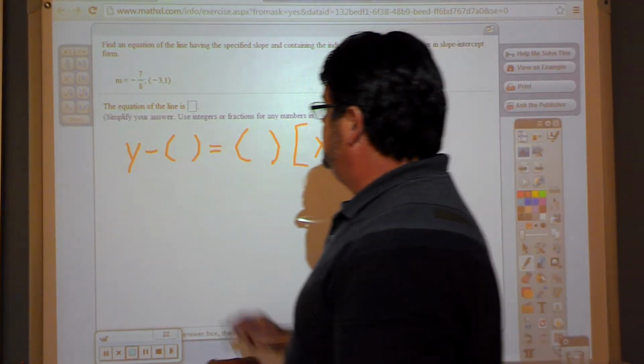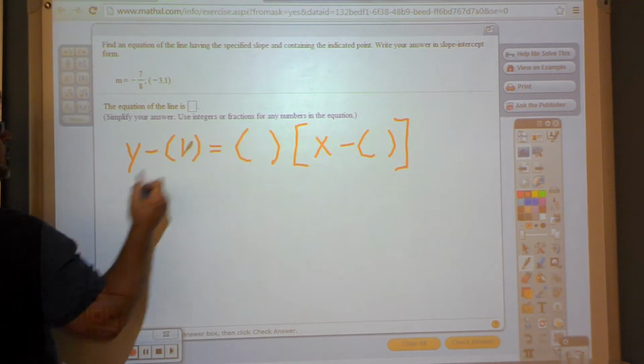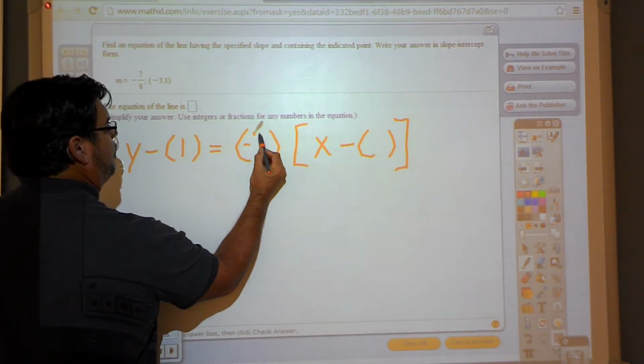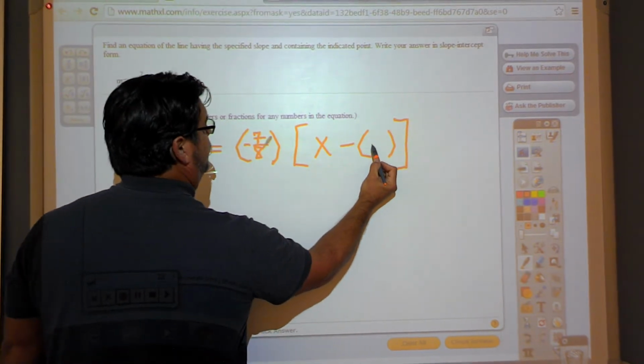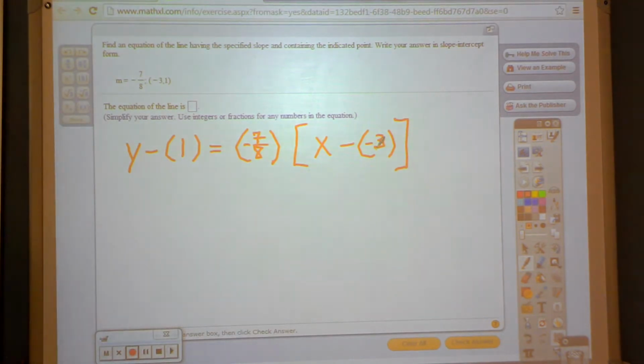So what goes in this spot? Y1. And what goes here? -7/8. And what goes here? X1, which is -3. See? There's one of those negatives. And if you don't put parentheses, it'll get you.